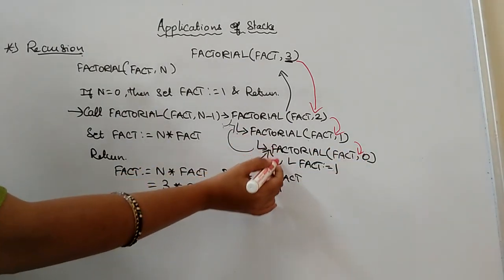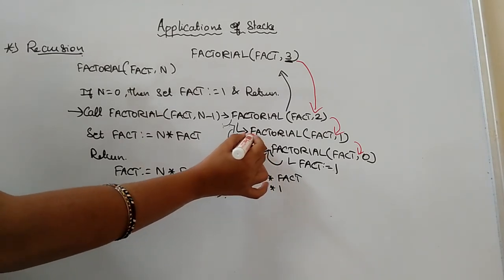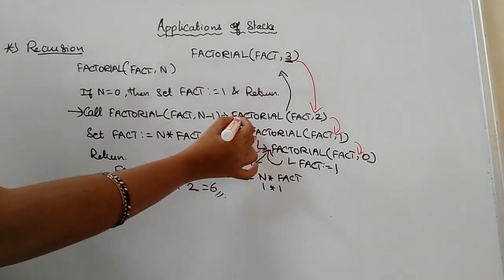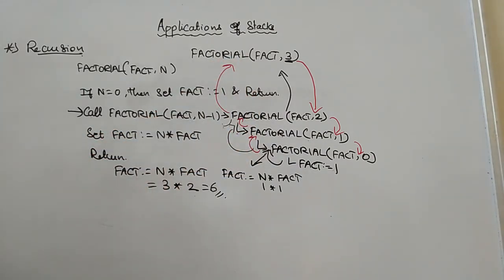After executing all the statements here, the program control returns back to 1, then from 1 to 2, and then from 2 to 3. How it will be returned exactly? The concept of stack is involved.